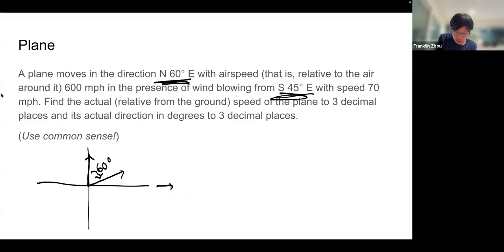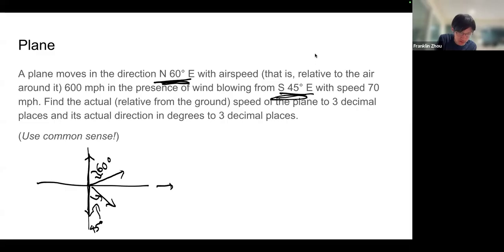And this south 45 degrees east thing means we start south, which by convention is negative y, and we go 45 degrees east, which, as we know, is this way. So this is 45 degrees. That's what this notation means.